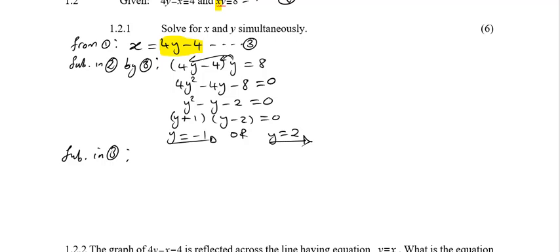So where y is -1 in equation 3, x will be 4 into -1 minus 4, or x will be 4 into 2 minus 4. 4 times -1 gives you -4 minus 4, or minus 8, or x will be 4 times 2 is 8 minus 4 is 4.